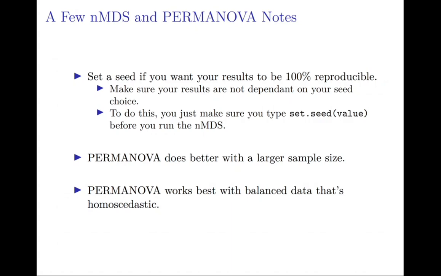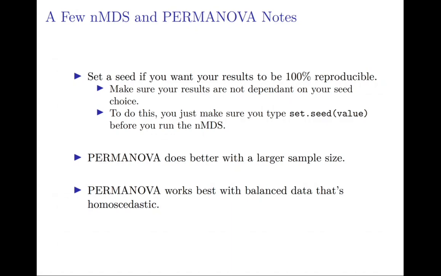Over the multiple optimizations, there might be a slight difference in your outputs at the end, so that's why it's not 100% reproducible, but you'll get a lot closer to getting the same thing every time if you set your seed. You also want to make sure that your results are not dependent on the seed that you chose, so try a few just in case.